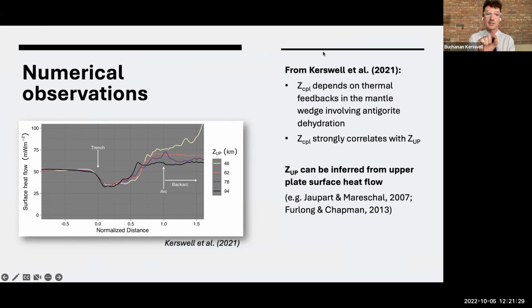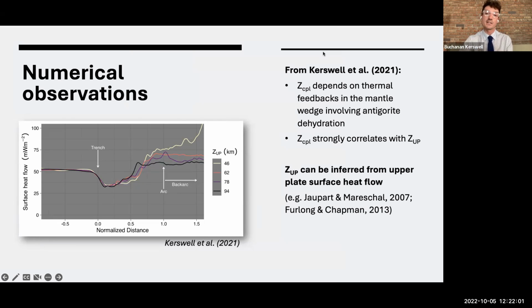It dips down a little bit as it goes into the trench. And then behind the arc, the heat flow starts to diverge. The divergence, or the separation of all those heat flow curves, is a function of the thickness of the upper plate lithosphere. For very thin lithospheres, like the yellow line, which has a very thin 46 kilometer thick lithosphere that is probably absurdly thin, the heat flow is high.